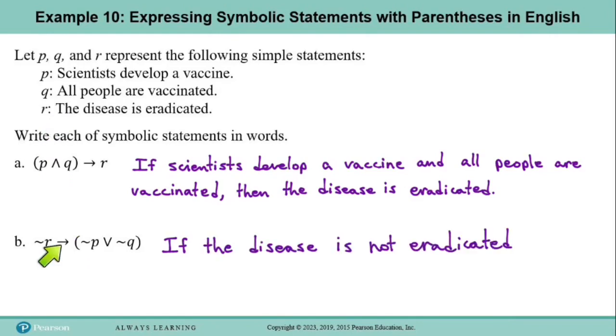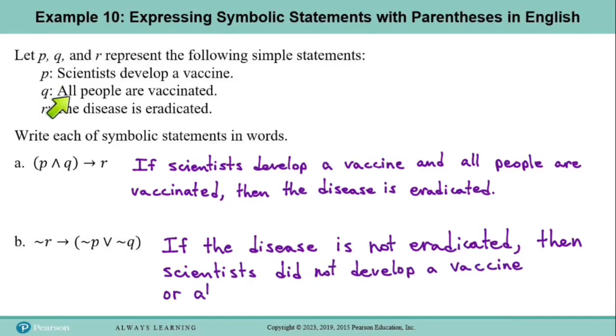Now what comes next is the word then, followed by our part of the statement that should be grouped together. So we'll need a comma here. So comma, then, not P or not Q. So then, scientists did not develop a vaccine, or all people are not vaccinated.